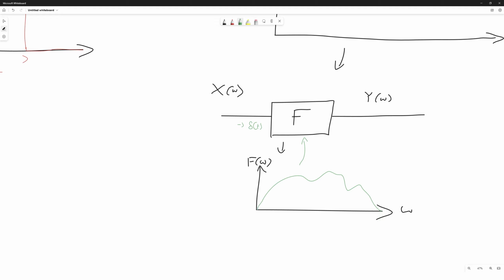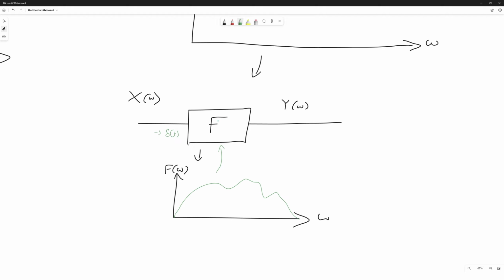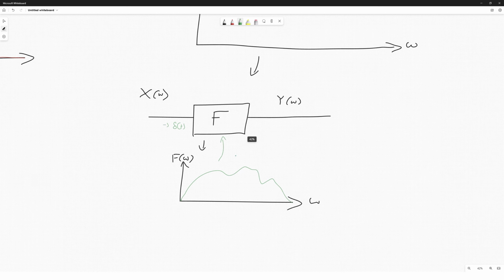Because if I put in a frequency at which the energy is quite small, my system won't really let it through. That will not exist at the output. So this is called the impulse response, or denoted by an h sub I. And it can be converted into time, but it's normally talked about in the frequency domain.